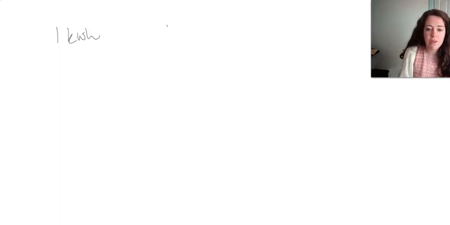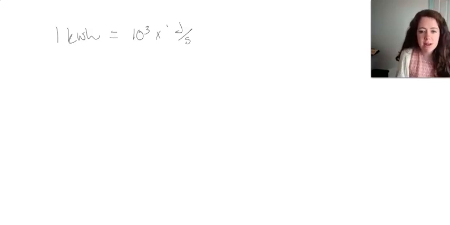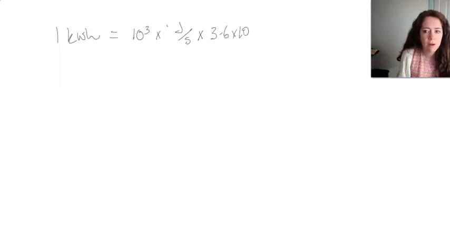So we can convert this into megajoules by saying 1 kilowatt hour is, kilo is 1,000, so 10 to the power of 3. A watt is a joule per second, so times joule per second, and an hour, so we want to convert the hour into seconds there. How many seconds are in an hour? 60 times 60, so equals 3,600, which is 3.6 by 10 to the power of 3 seconds.